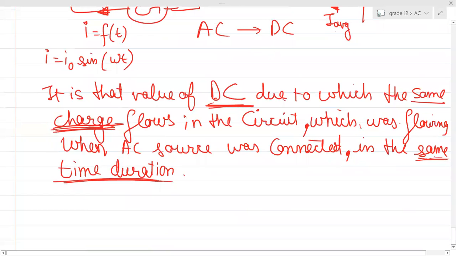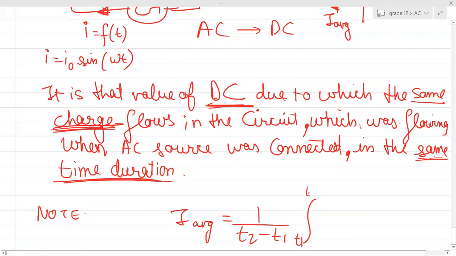So anyways, I think it is pretty much clear. What is the final formula which you'll keep on remembering? I average is equal to 1 upon T2 minus T1, integral from T1 to T2 of the current times dt.